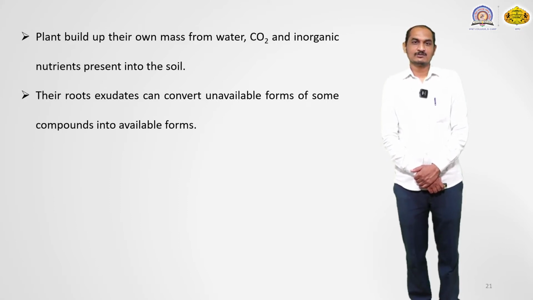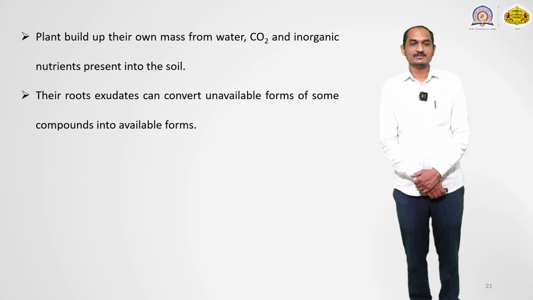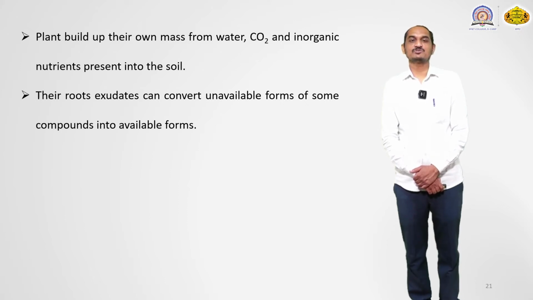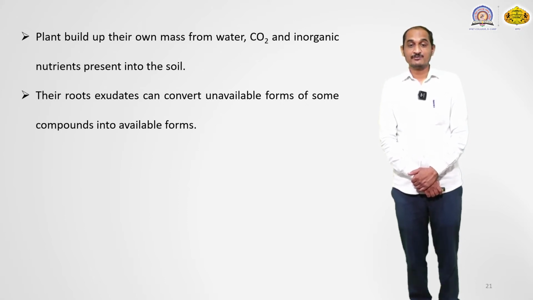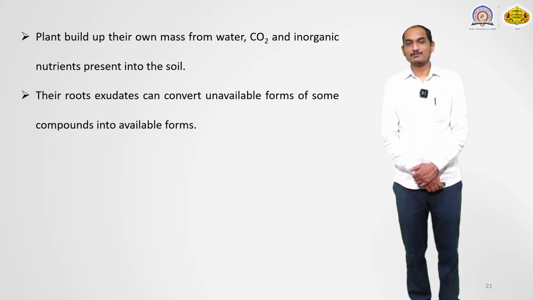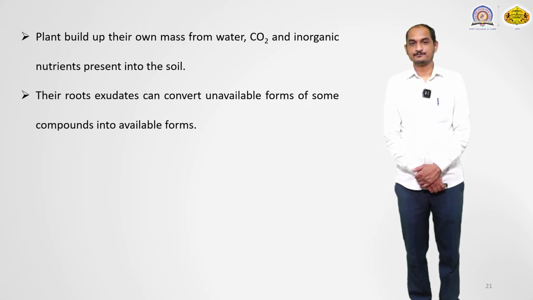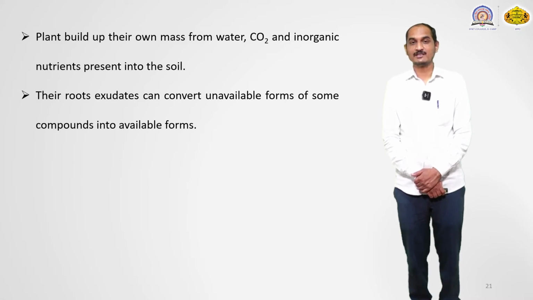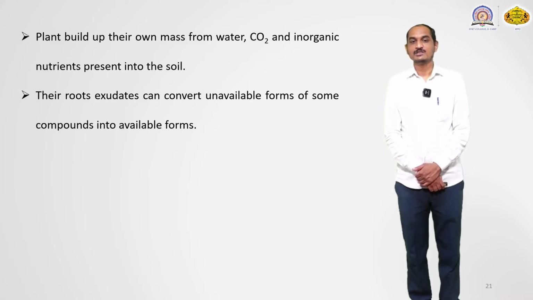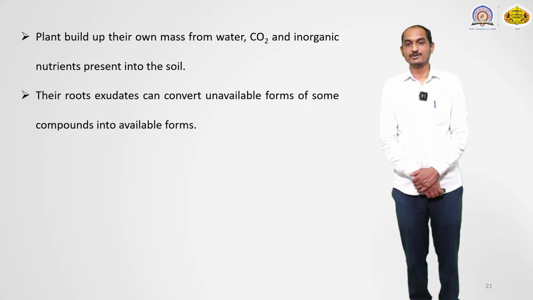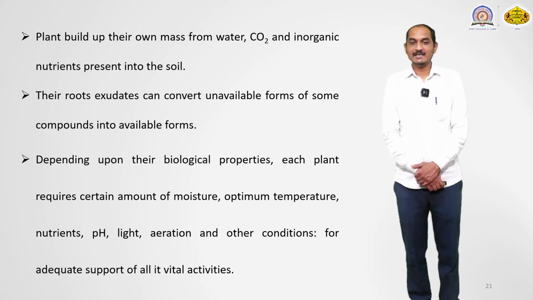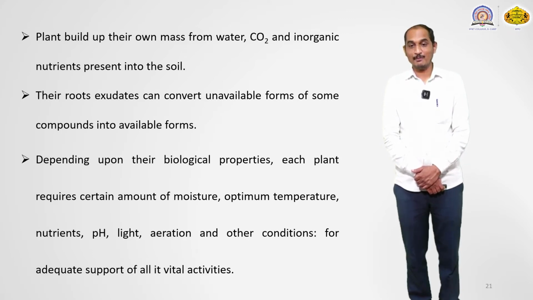Different types of nutrients and chemical compositions are present in the soil, but in unavailable form, and the plant roots convert all these unavailable forms of compounds into available forms, depending upon their biological properties.